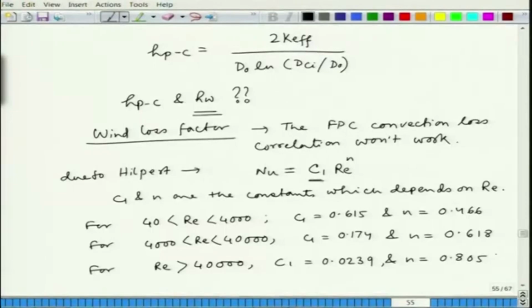So, in case of natural convection, going up to that high Reynolds number is typically impossible. Okay. So, that is how you find the h w or the wind loss factor. So, when you know the h p c and h w, then you will be able to find out the U L and everything else will fall in place, the heat removal factor, collector efficiency factor, and you can find the overall efficiency of the collector, the useful heat gain, all the required quantities you can find.